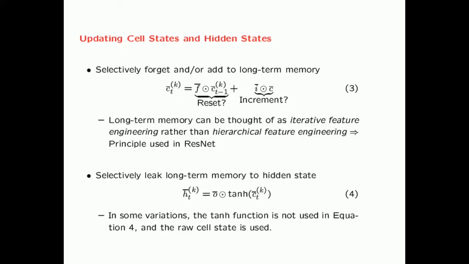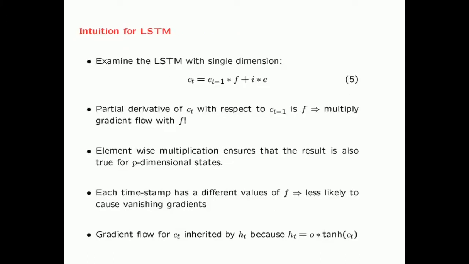So I've replicated this equation 3 in equation 5 for a single dimension. So here you just have a single dimension, single layer, the simplest case. So you have Ct is equal to Ct minus 1 times F, that's your forget gate, plus I times C. C is your new cell increment, which you set up in the previous layer. Now the partial derivative of Ct with respect to Ct minus 1 is F, which is simply a forget gate. So you are multiplying the gradient flow with F.